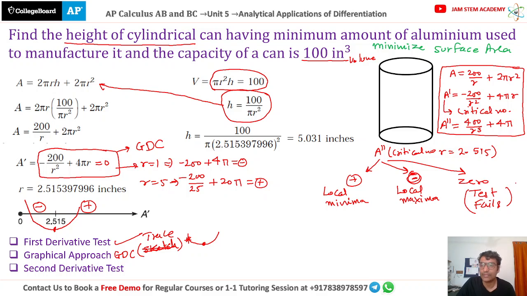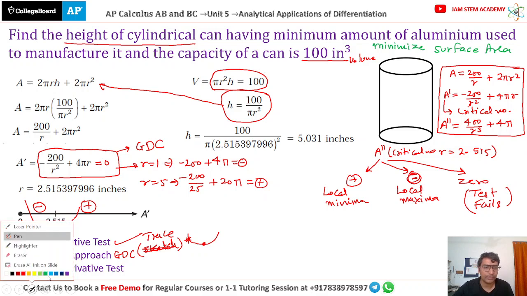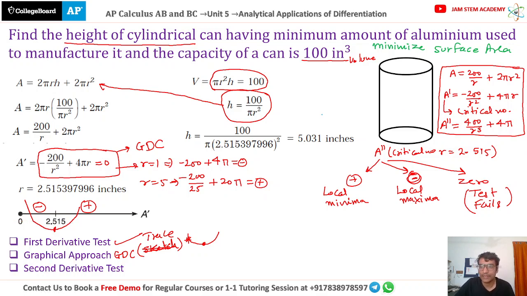So let's check what we are getting over here. When I substitute r as that value 2.51 something into my double derivative function, the answer will be a positive quantity.